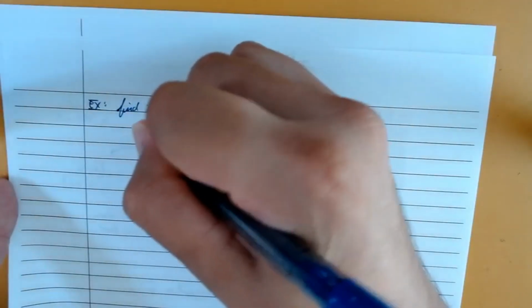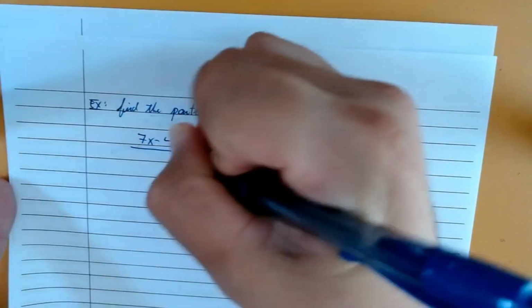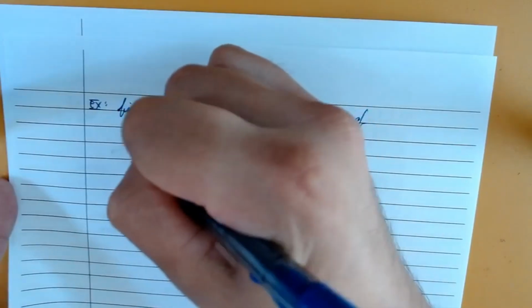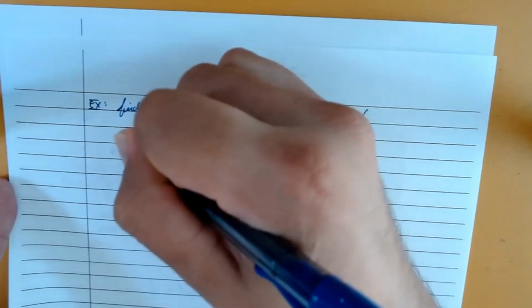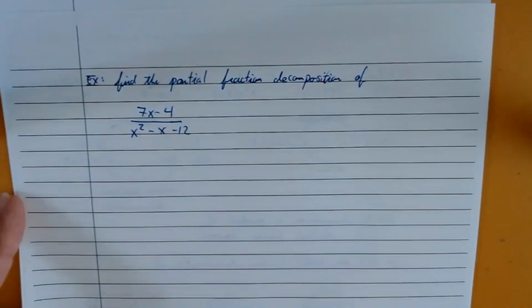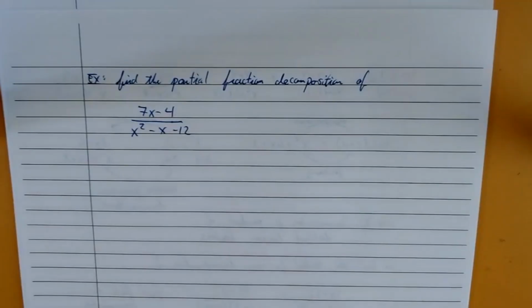Let's go with (7x - 4) over (x squared - x - 12). Go ahead and pause the video, give that a try, and once you're done, go ahead and unpause and we'll go through it together.